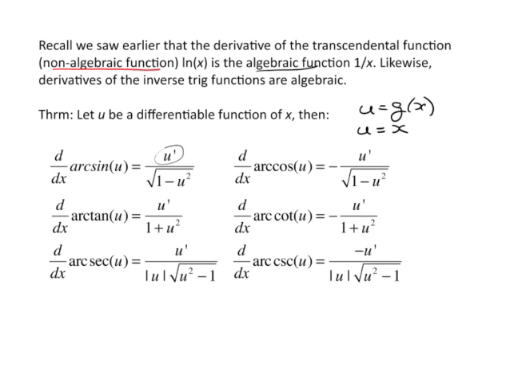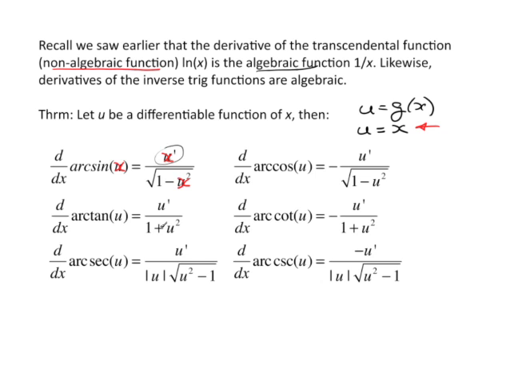But notice, if we have the scenario where u simply equals x, what's the derivative of x? It's just 1. So d/dx of arcsine of x, this is going to be an x, and this is going to be x prime.